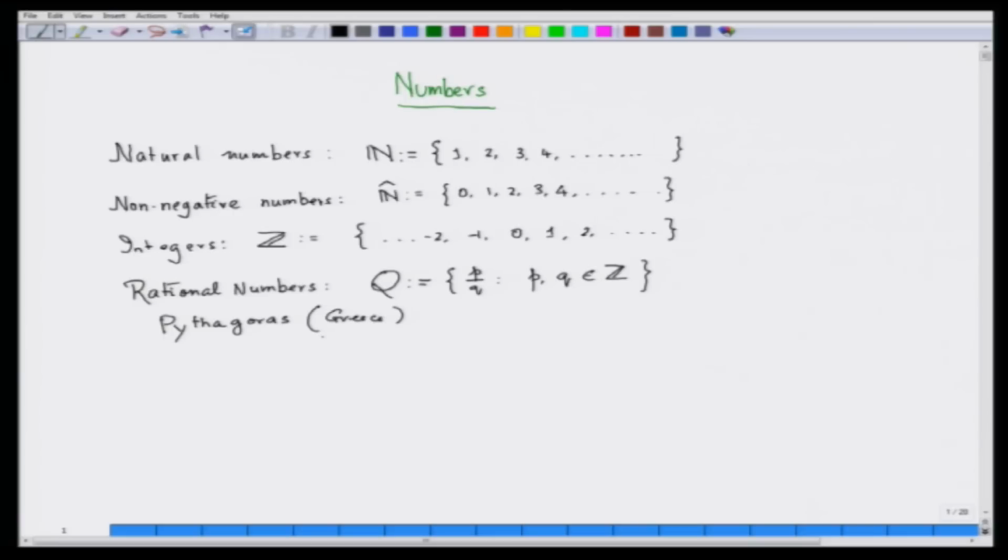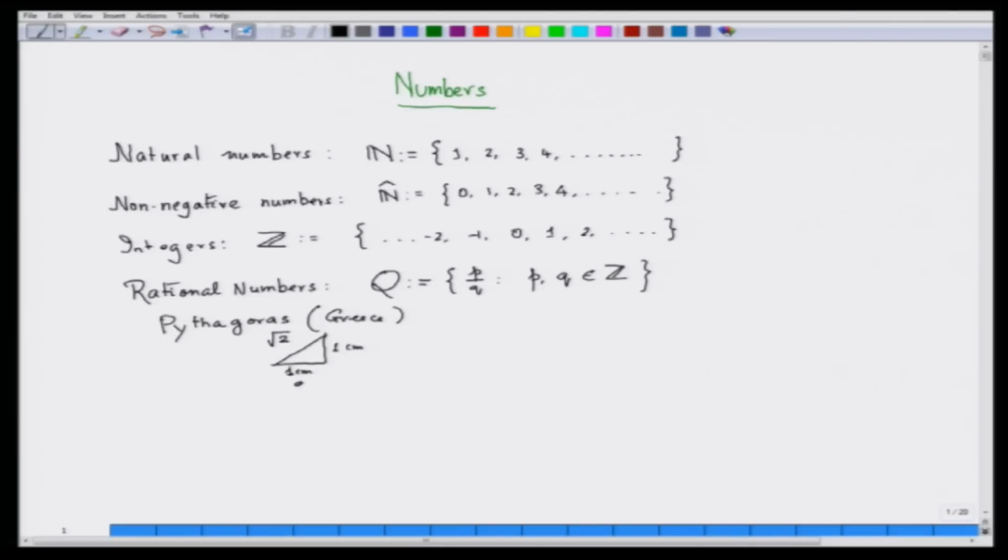So, consider a right angle triangle whose both the perpendicular and the base are of 1 centimeter each. Then you come to a number called root over 2 as the length of the hypotenuse, because as Pythagoras theorem says, the square of the base plus square of the altitude gives you the square of the hypotenuse.